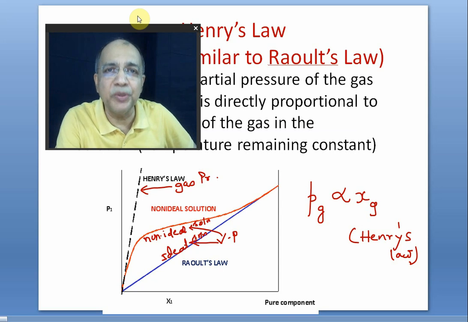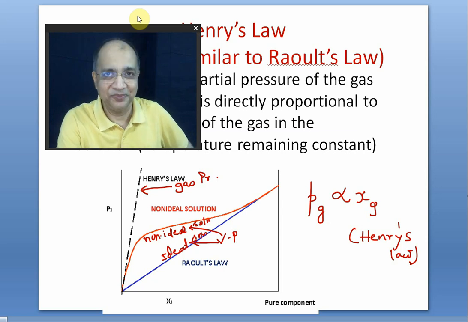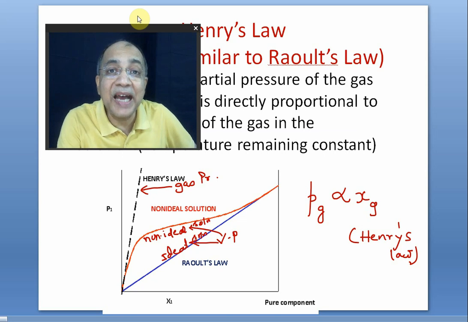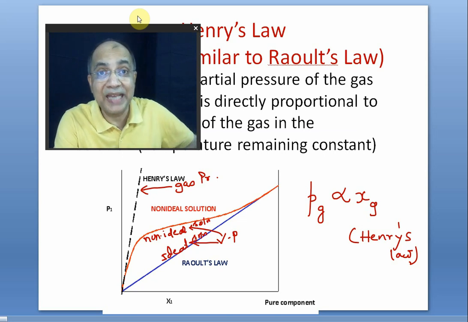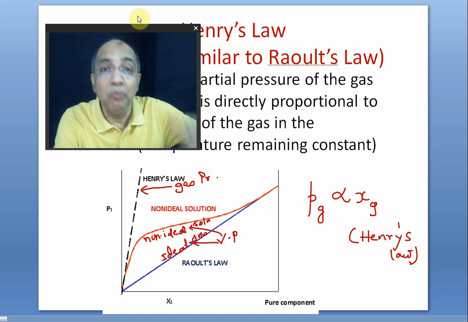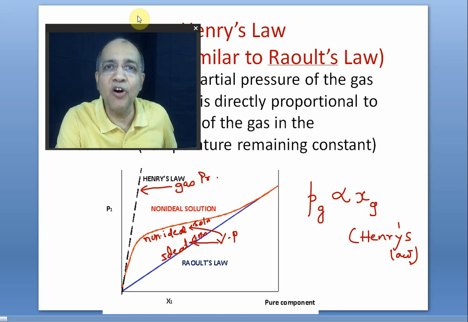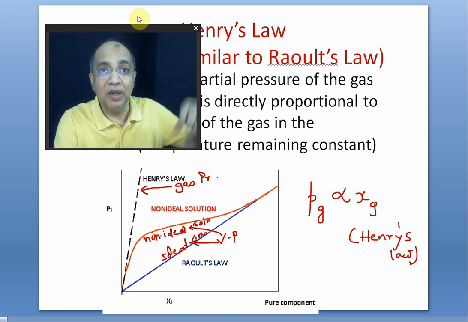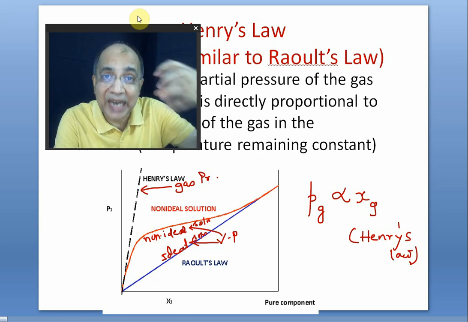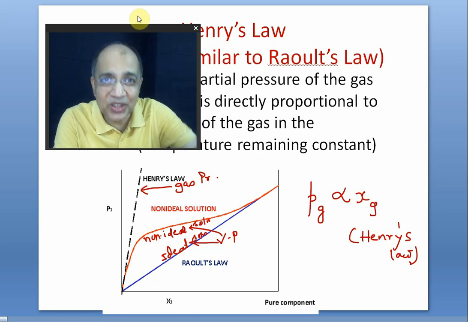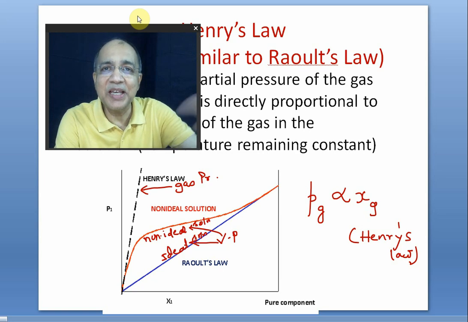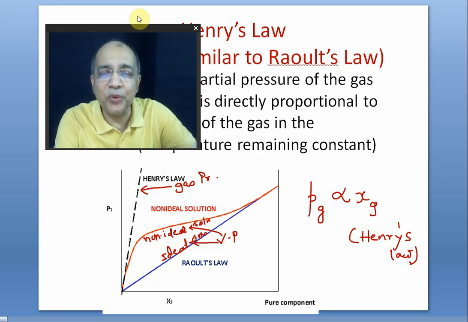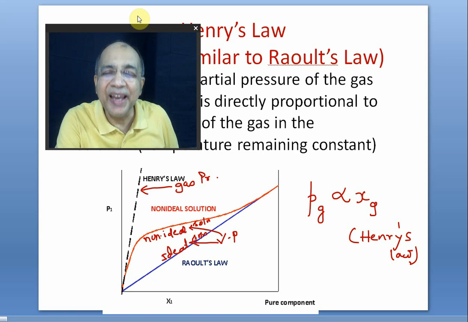The y coordinate will be the equilibrium gas partial pressure, because there might be more than one gas above a liquid. So the equilibrium partial pressure of any gas is equal to the mole fraction of that gas in the liquid phase times a constant. Here, in place of the vapor pressure of the pure liquid, we have a constant called the Henry's law constant.